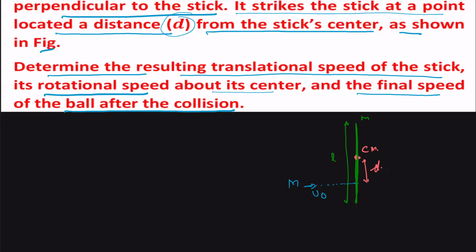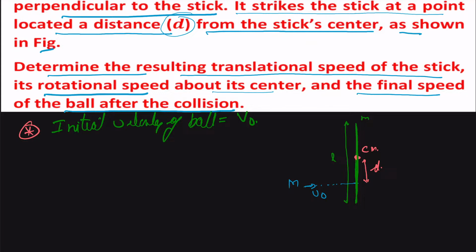So let us write the things which are given to us. We are given that the initial velocity of the ball is v0, and after the collision, let us suppose the speed of the ball is v.